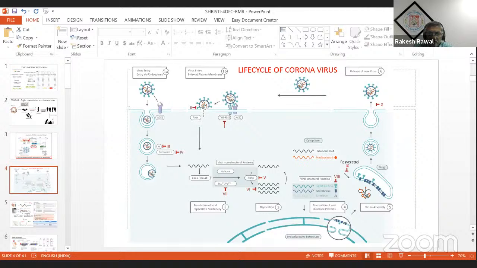QSAR requires a bit of chemistry knowledge. So if you are a pharmacist or a chemical science student, then you will be able to do QSAR. What QSAR shows is that if this is the structure you are starting with, there are possibilities of adding many functional groups to that, and if you keep adding those functional groups and check how the function is affected by changing the structure, that is the quantitative structure activity relationship.